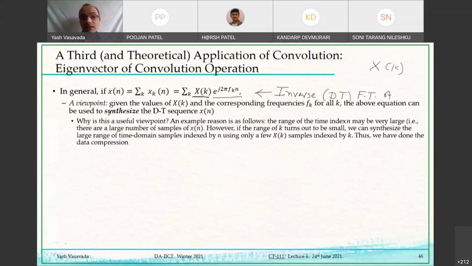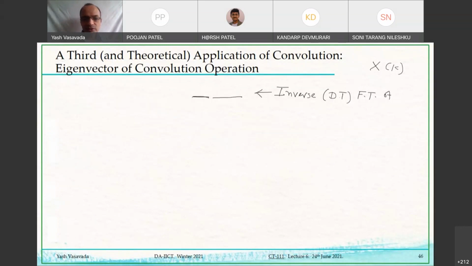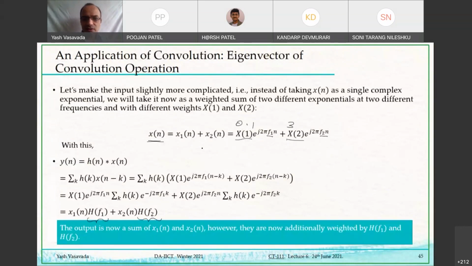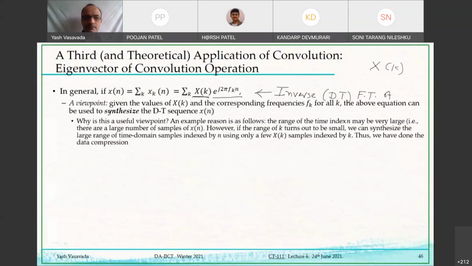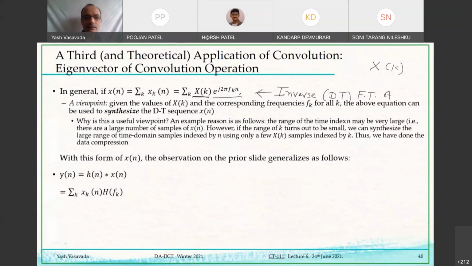And then that has to be multiplied obviously by e to the power j2 pi fk n, because that is how we are defining individual x1, x2. So that is the math that I have done here.